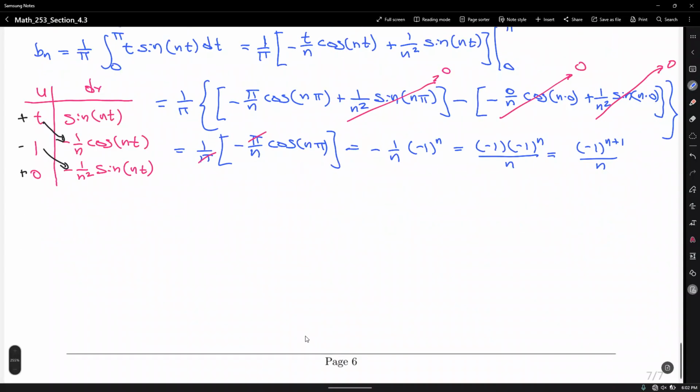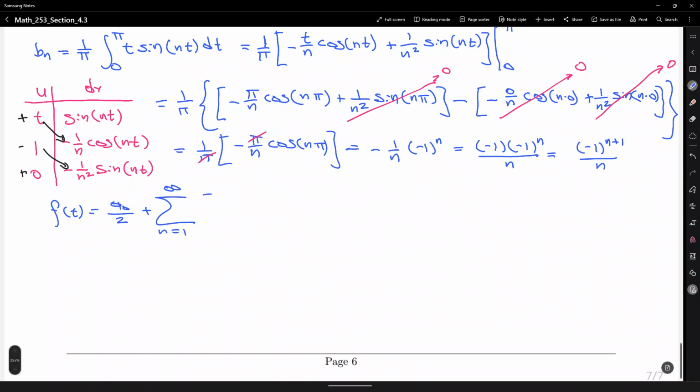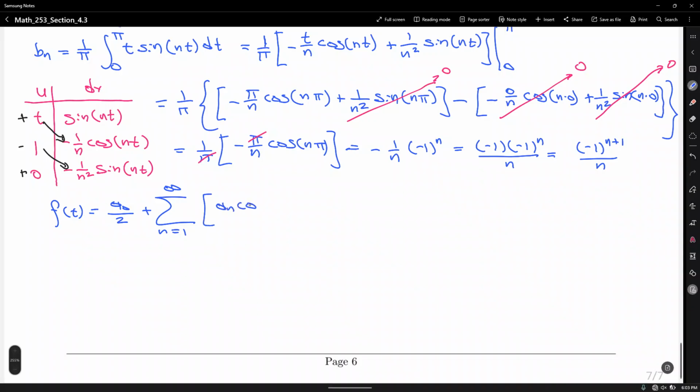Because this function happened to be neither even nor odd, we're going to have a complete Fourier series: f of t equals a sub 0 over 2 plus sigma n equals 1 to infinity of a sub n cosine n pi t over L plus b sub n sine of n pi t over L. So that is going to be our Fourier series.